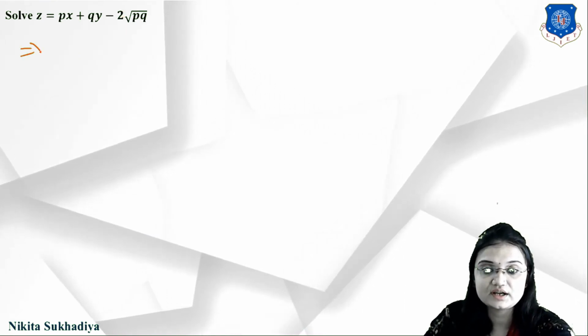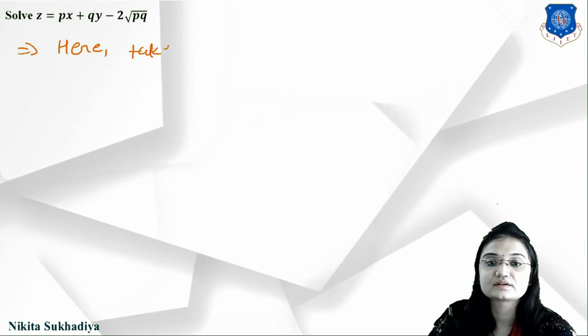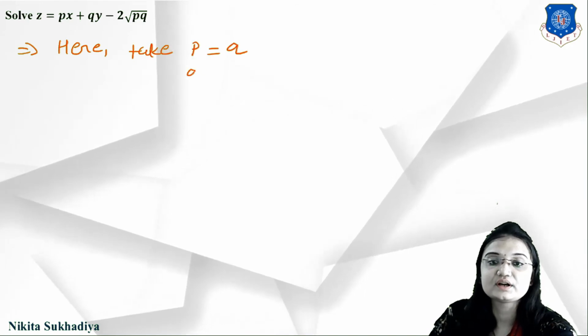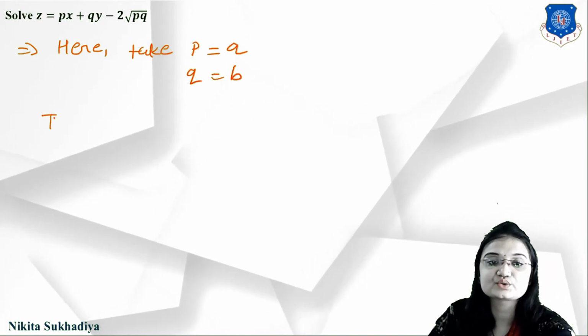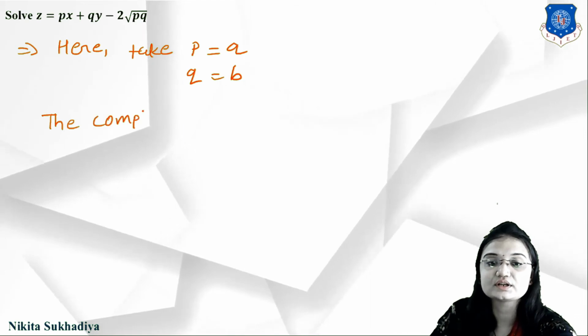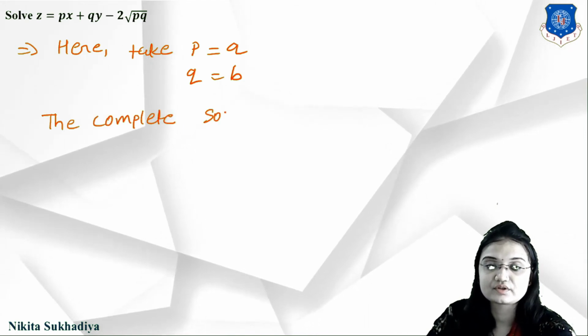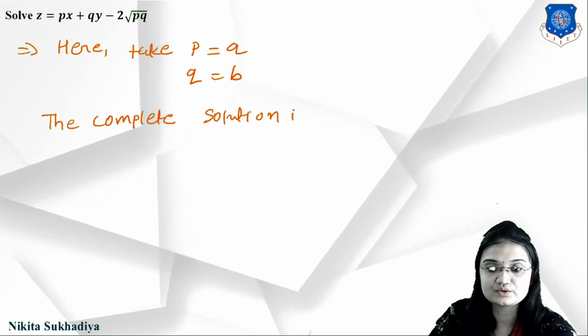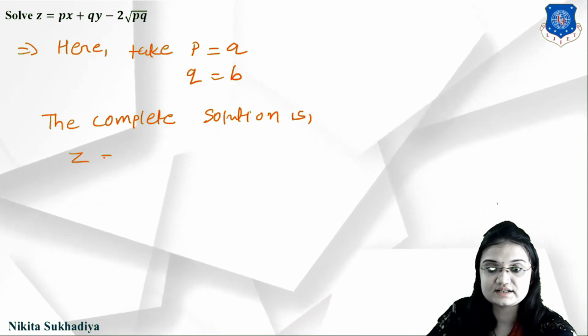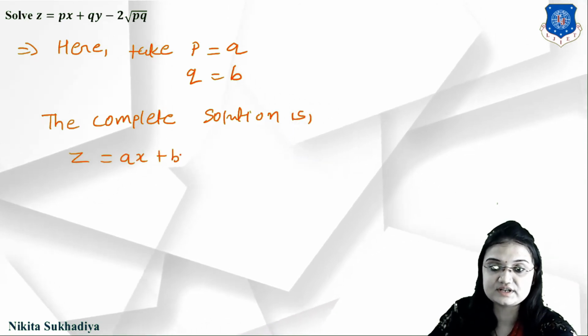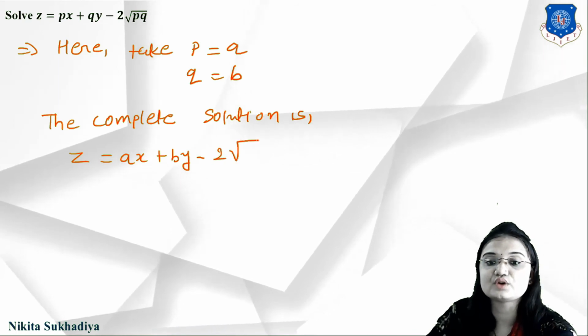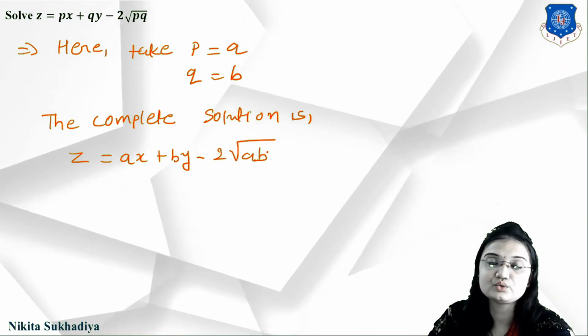So here take p is equal to a and q is equal to b. So the complete solution is z is equal to ax plus by minus 2 square root of ab.